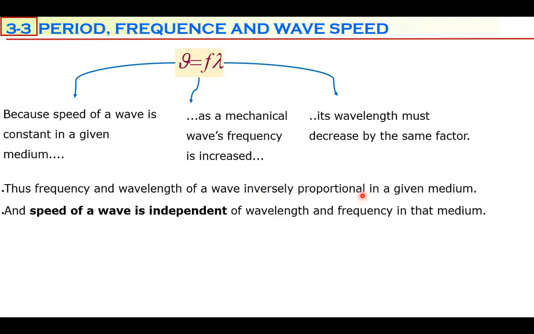If medium changes, of course there will be some changes, but we are talking about a specific medium. V is constant, but f and lambda are inversely proportional. And speed of a wave is independent of wavelength and frequency in that medium. As I said, speed of a wave only changes with property of the medium, not with wavelength, not with frequency.